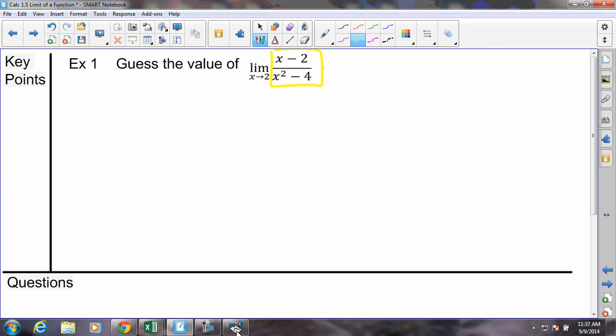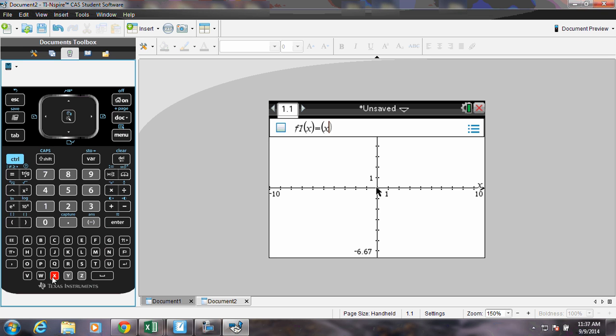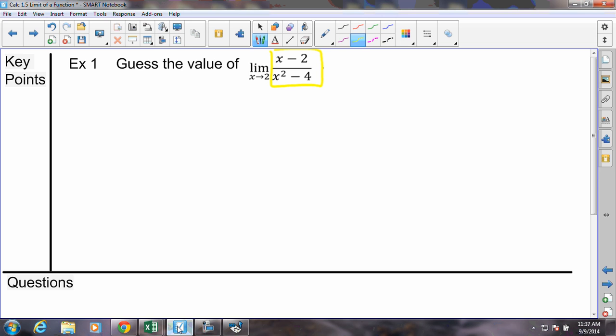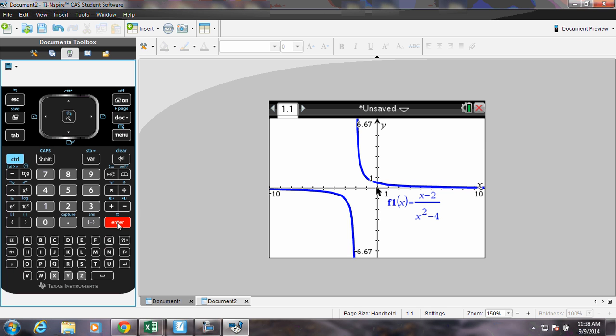In the parentheses we have x subtract 2, and then in the denominator x squared minus 4. Close parentheses. So there we have our first one. By pressing enter, we can create the graph.